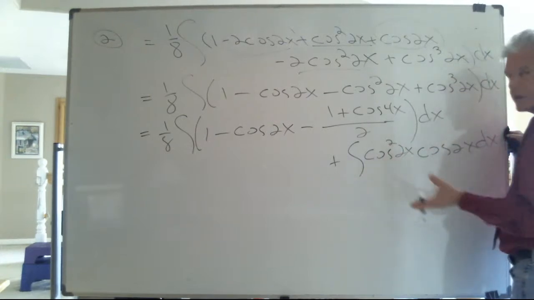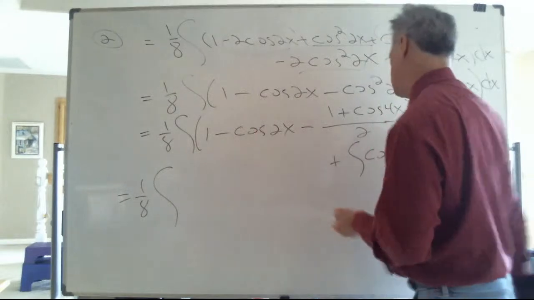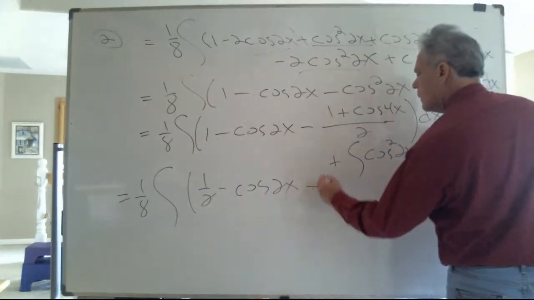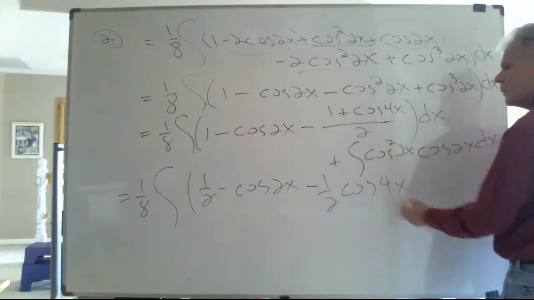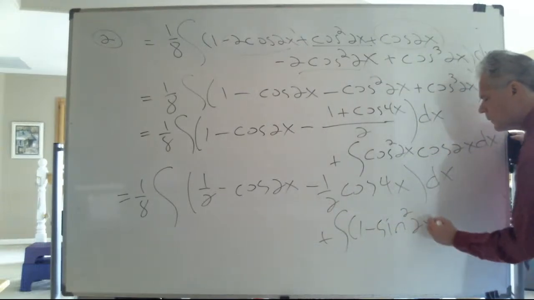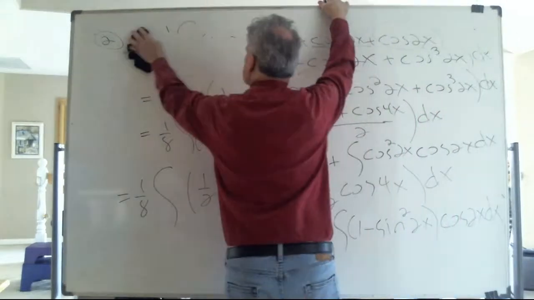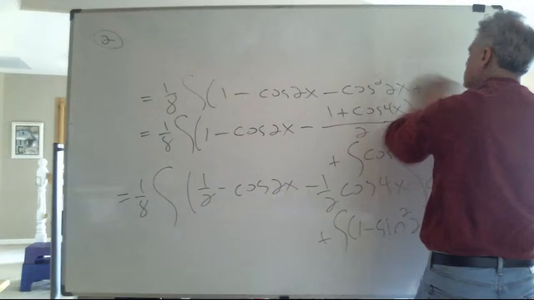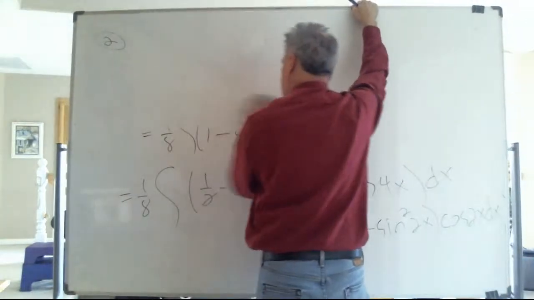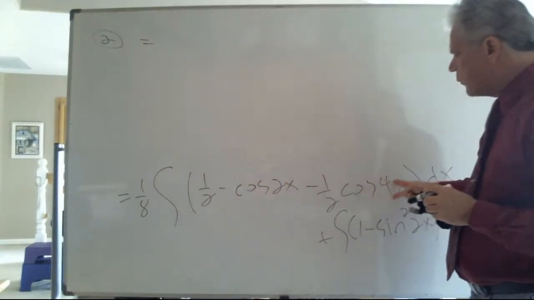Convert the remaining two to sines using my first Pythagorean identity. So it looks to me like with the first integral, I'm ready to anti-differentiate term by term.